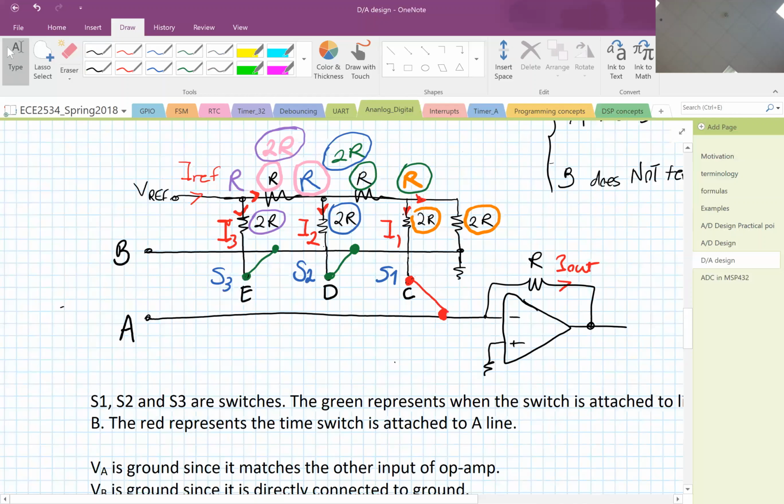In this example, VREF minus is 0. If VREF minus was not 0, let's say it was 2 volts, how would we change this so that it can convert digital values such that your output is actually correct? Where would you put it?